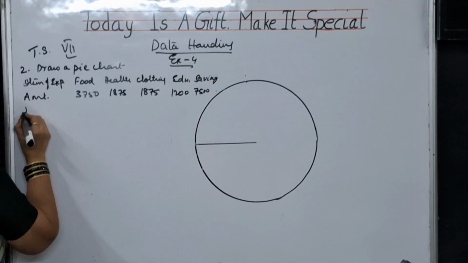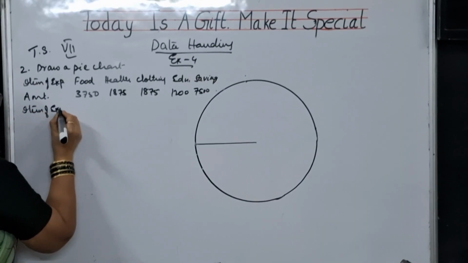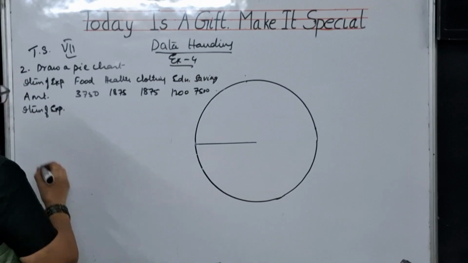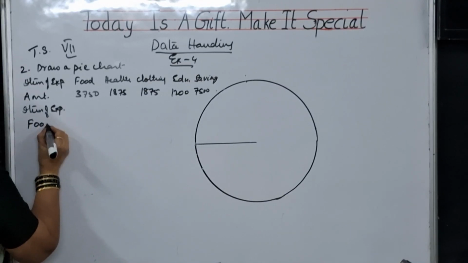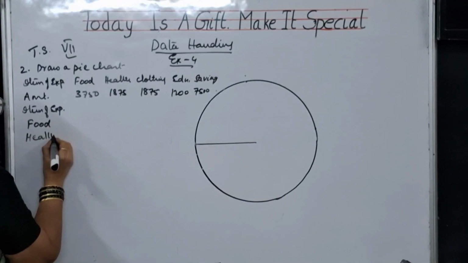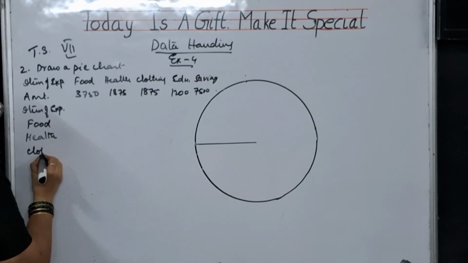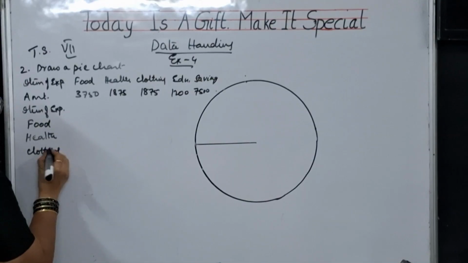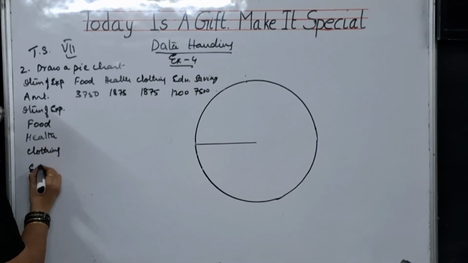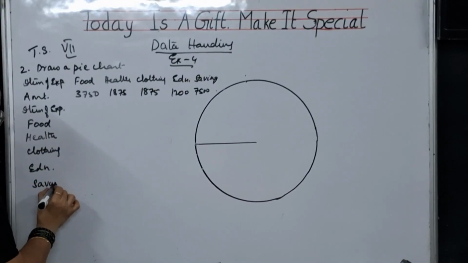So first we will be writing items of expenditure. What are they? Food, health, clothing, education, saving.